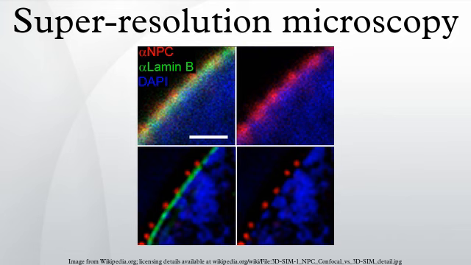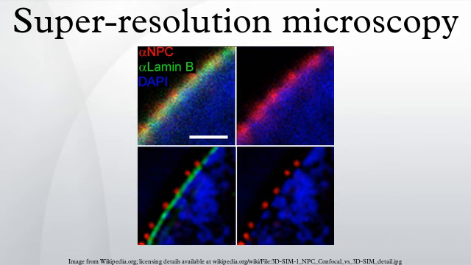As a control, the positions of the detected objects in the localization image match those in the bright field image. Label-free super-resolution microscopy has also been demonstrated using the fluctuations of surface-enhanced Raman scattering signal on a highly uniform plasmonic metasurface.